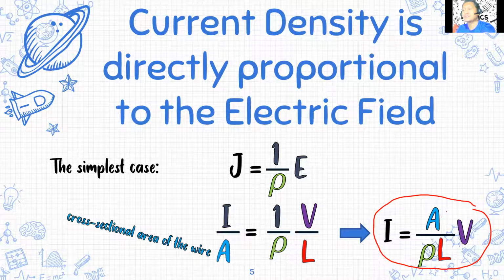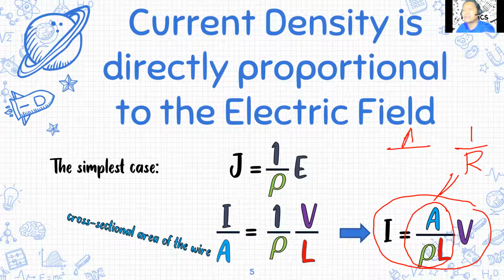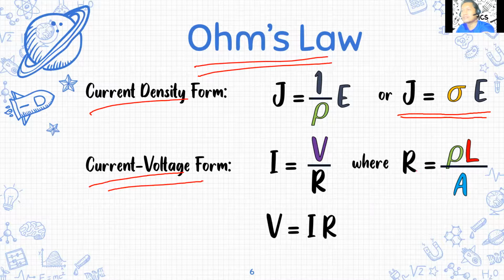From here, we define this as our resistance. So this is how we relate a 1 over resistance. So 1 over resistance is A over rho L. Okay? R, therefore, is equal to rho L over A.